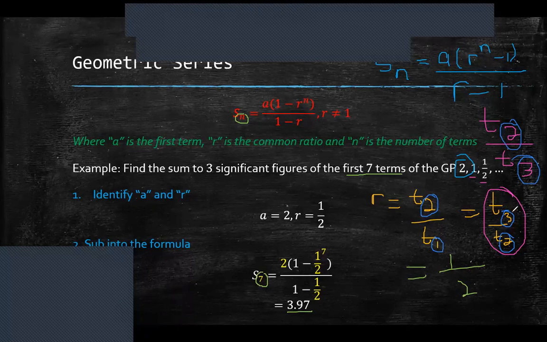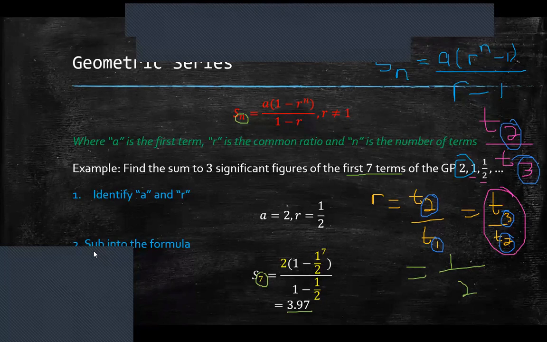Always the bigger number on top. 3 is bigger than 2. You get that now? Do you understand that?